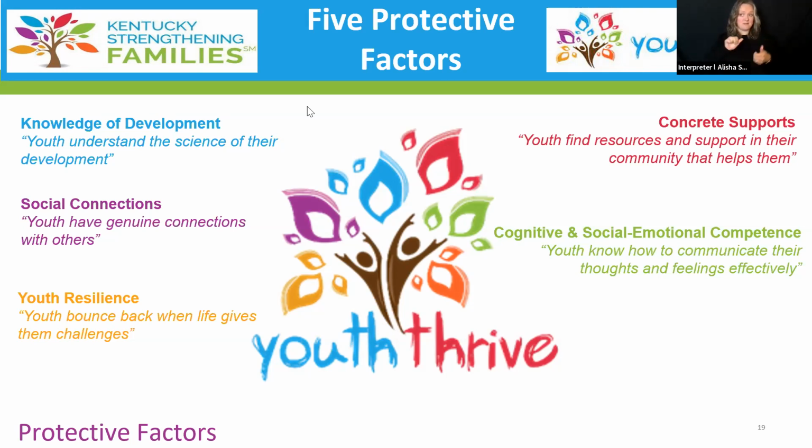Social connections, so youth have genuine connections with others. Knowledge of development, so this is youth understand the science of their development. Concrete supports, so youth find resources and support in their community that helps them. And then the cognitive and social emotional competency, and this is youth know how to communicate their thoughts and feelings effectively.